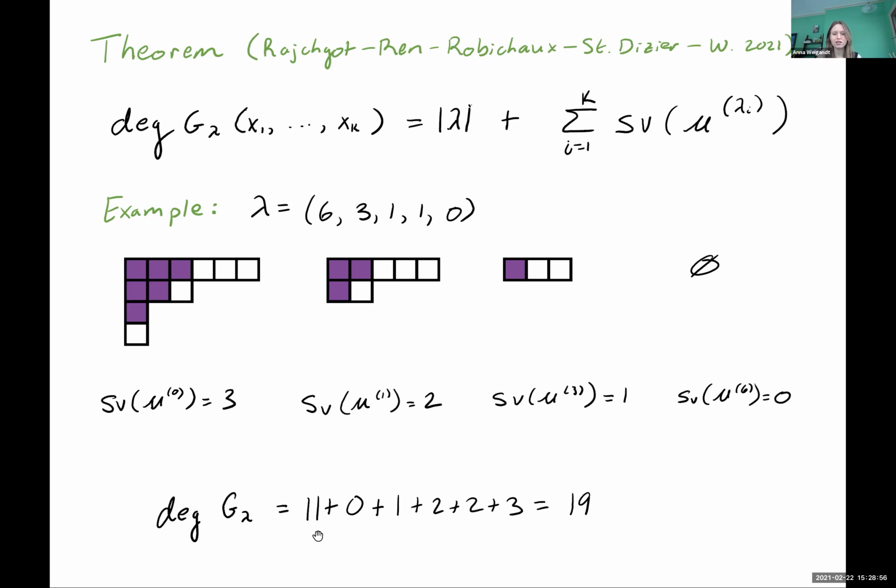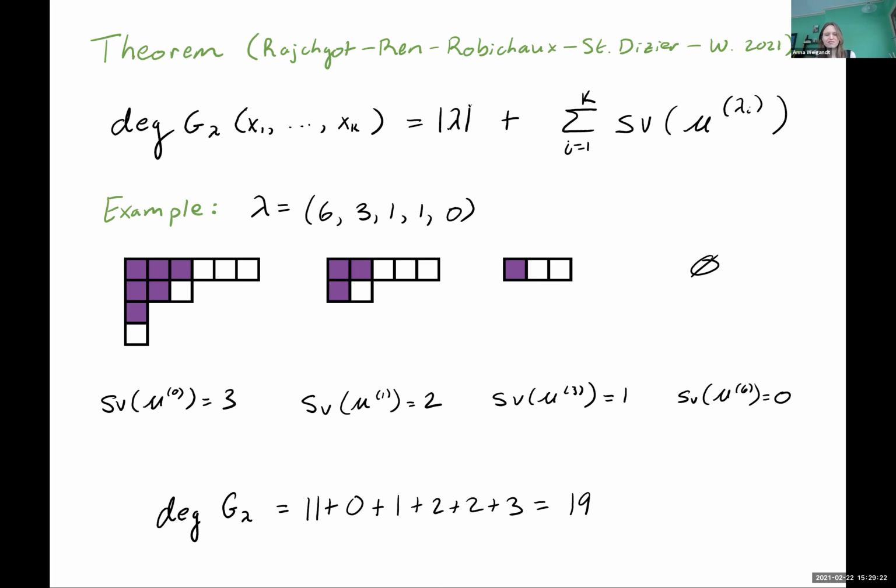We get 11 because that's how many boxes there are, then plus 0 for this 6 part, plus a 1 for this 3, plus a 2 twice for this 1 part. And then this 0 part gives us this 3. We add them all up together, and the degree of this Grothendieck polynomial is 19.